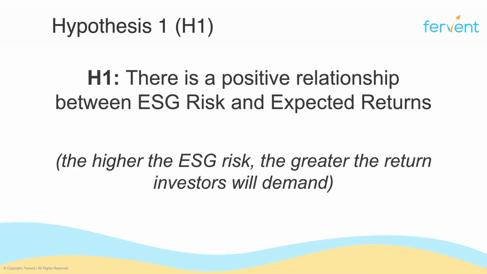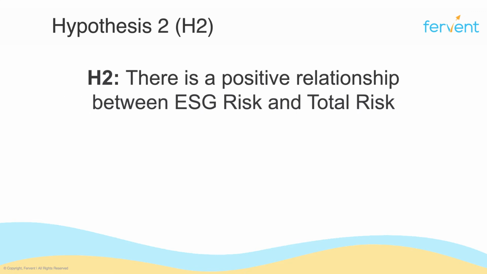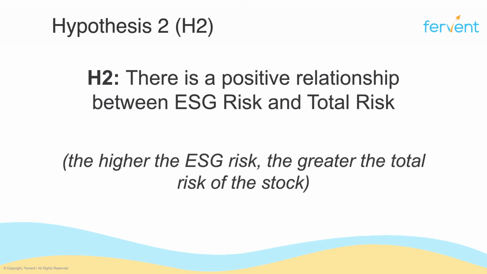And the second hypothesis is that there's a positive relationship between ESG risk and total risk. And again, this is because we're relying on the premise that the higher the ESG risk, the greater the firm-specific risk of the stock or the firm, and the greater the firm-specific risk, the greater the total risk of the firm as well. Okay, so we now have two hypotheses, both of which relate to the first research question.